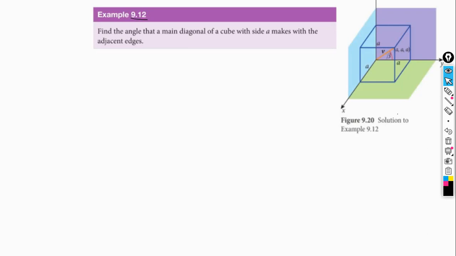Now notice here that we can say that the diagonal is represented by the vector v, which has a terminal point (A, A, A). This implies that the magnitude of vector v is equal to the square root of A squared plus A squared plus A squared, and this is obviously A times the square root of 3.